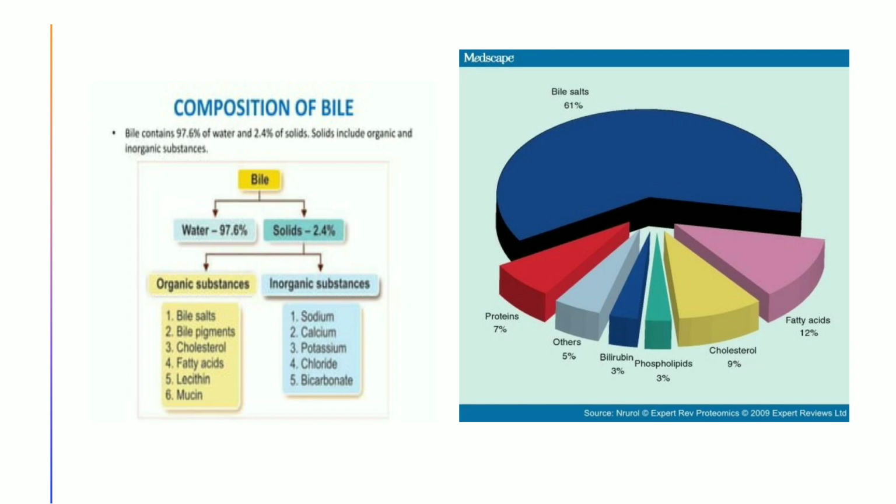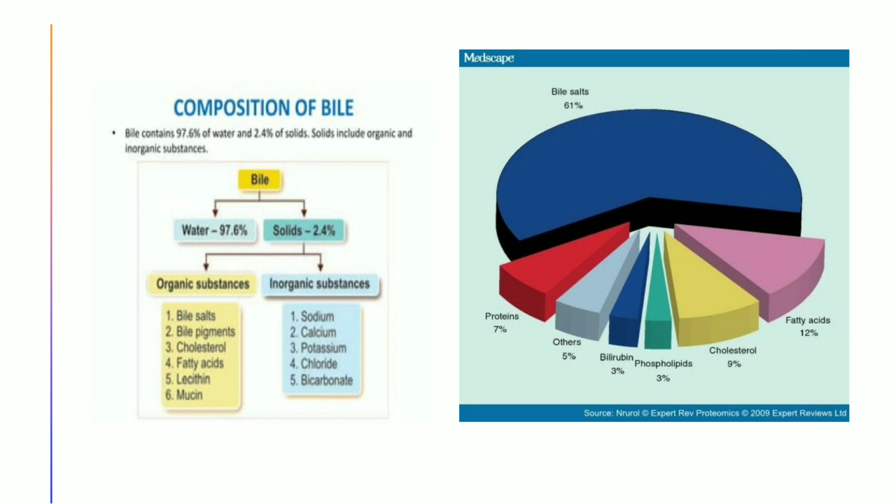What are those organic substances? These are the bile salts, bile pigment, cholesterol, fatty acid, lecithin, mucin. And inorganic constituents means some ions like sodium, calcium, potassium, chloride and bicarbonate.